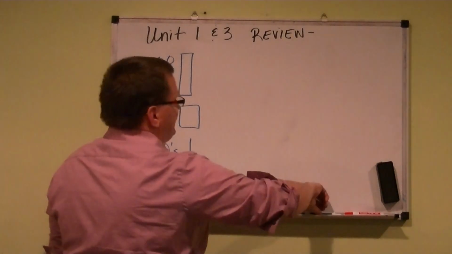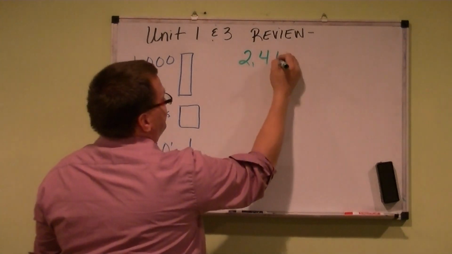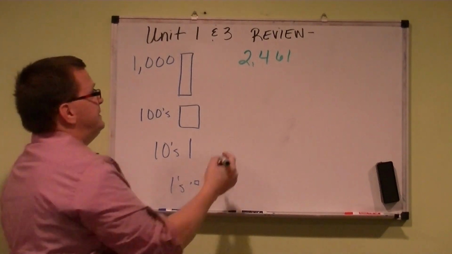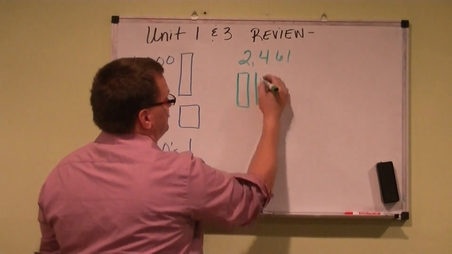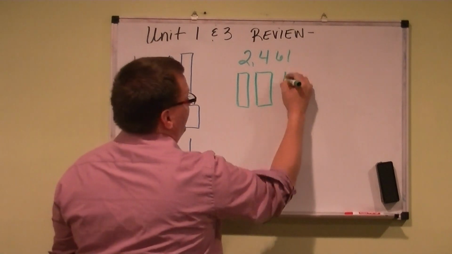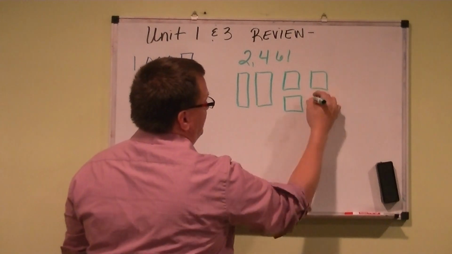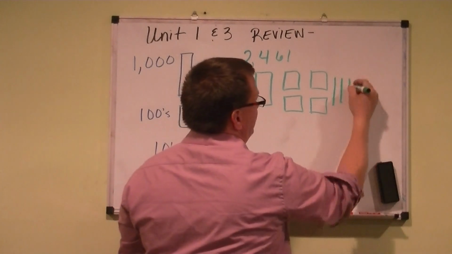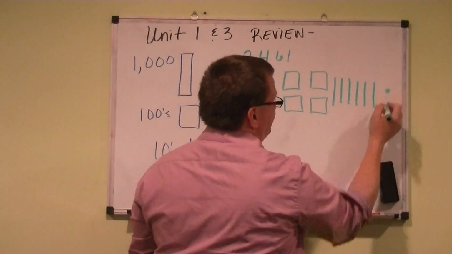So the question was 2,461. And I said make a proof model of that. You should now have 2,400. 1, 2, 3, 4, 6 tens. 1, 2, 3, 4, 5, 6, and 1 one.